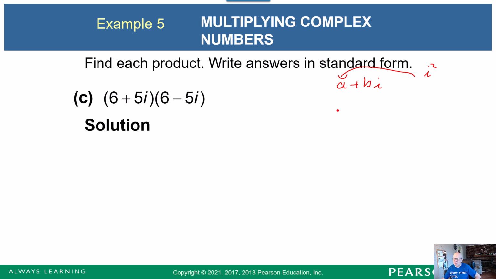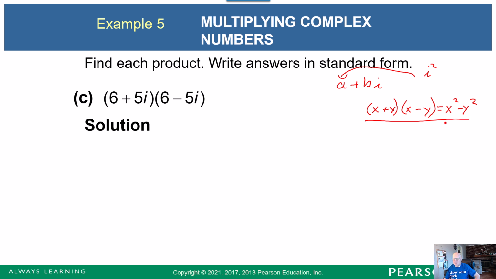Now, if you remember, if we had x plus y times x minus y, remember what that is? That's the difference of squares. And what we've got here is the same number in the real part, the same number in the imaginary part, but with an opposite sign. So it's just like this.